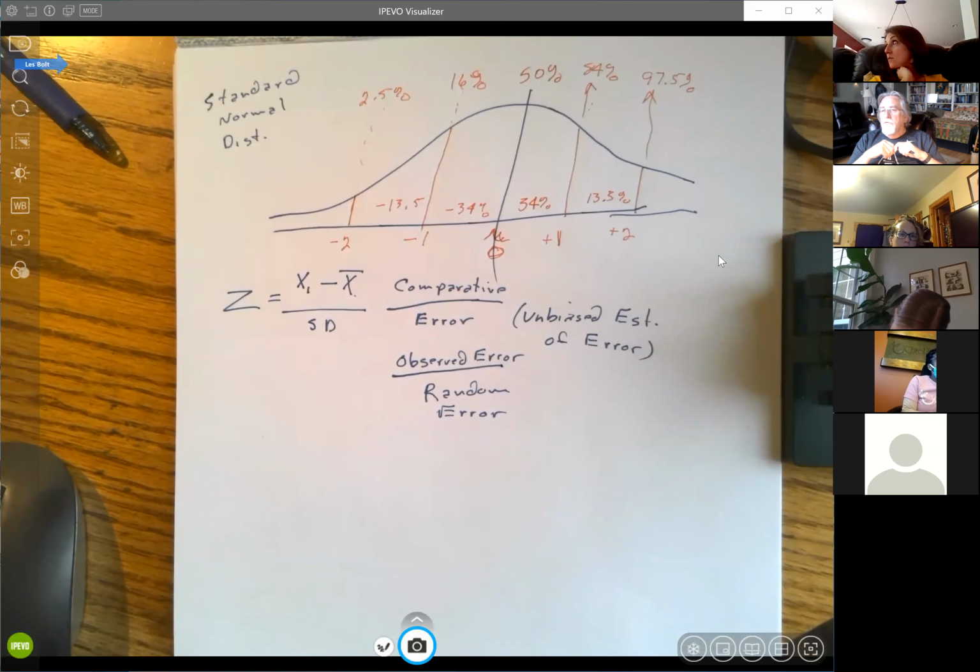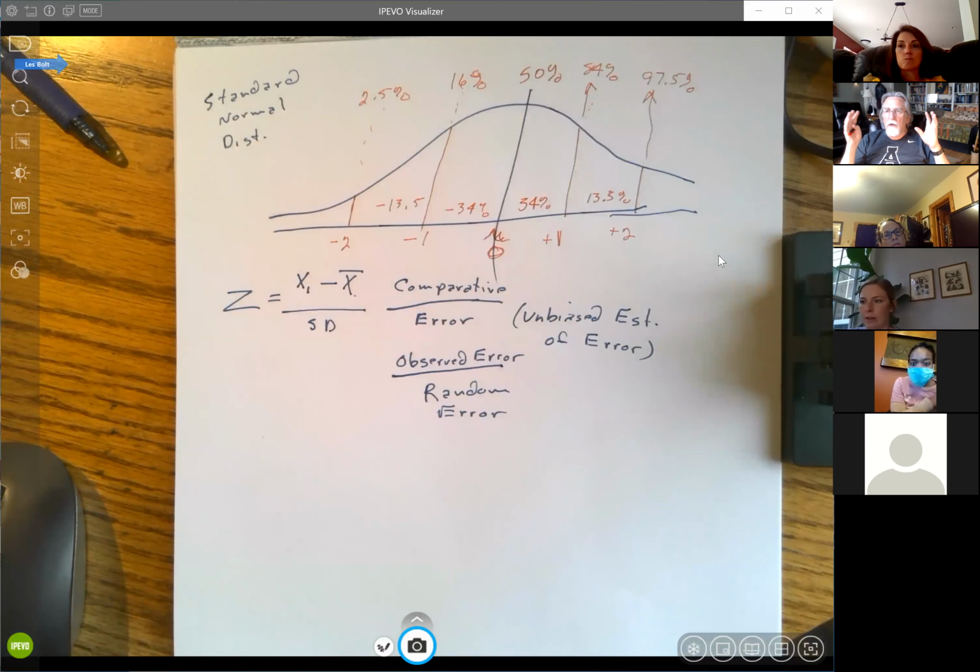Now, something to notice about the standard normal distribution is that, like all normal distributions, most of the area is in the center. And so most of the cases occur near the center. If you think about things in life, for most of the things that we might measure about individuals, we find that we're most like each other as opposed to unlike each other.